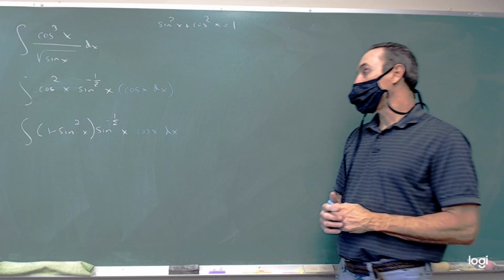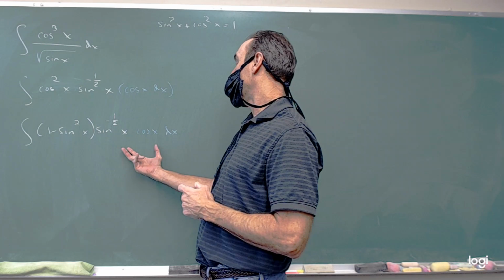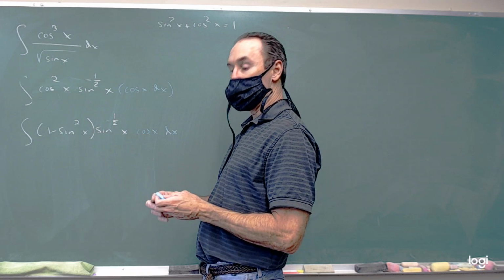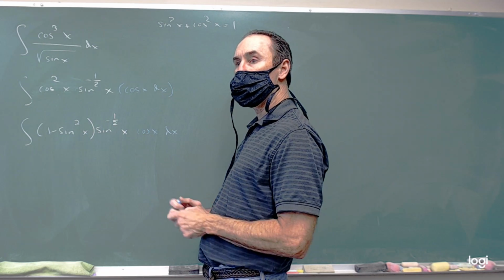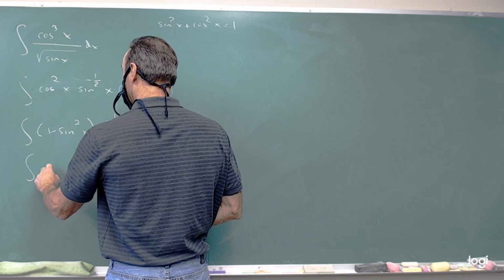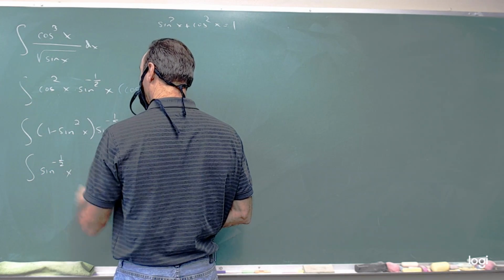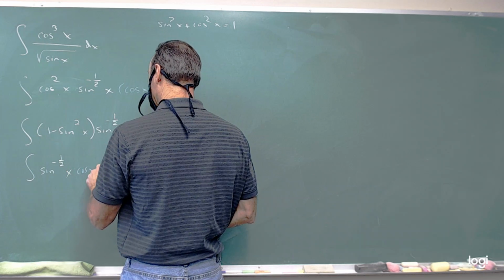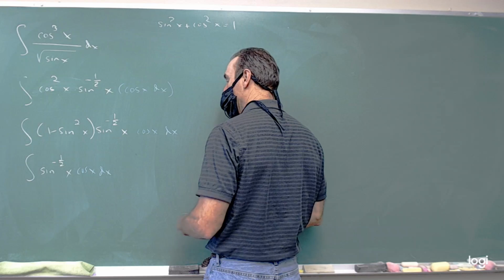So we can distribute this sine to the negative 1/2 cosine x dx over the parentheses, and at the same time split it into two separate integrals. The first one is sine to the negative 1/2 x, and then we've got our cosine x dx that's going to be part of our du.